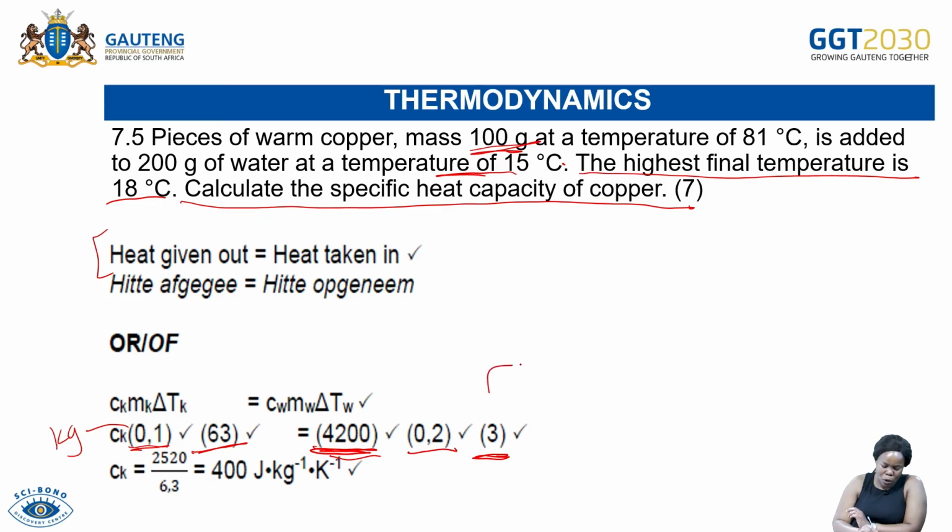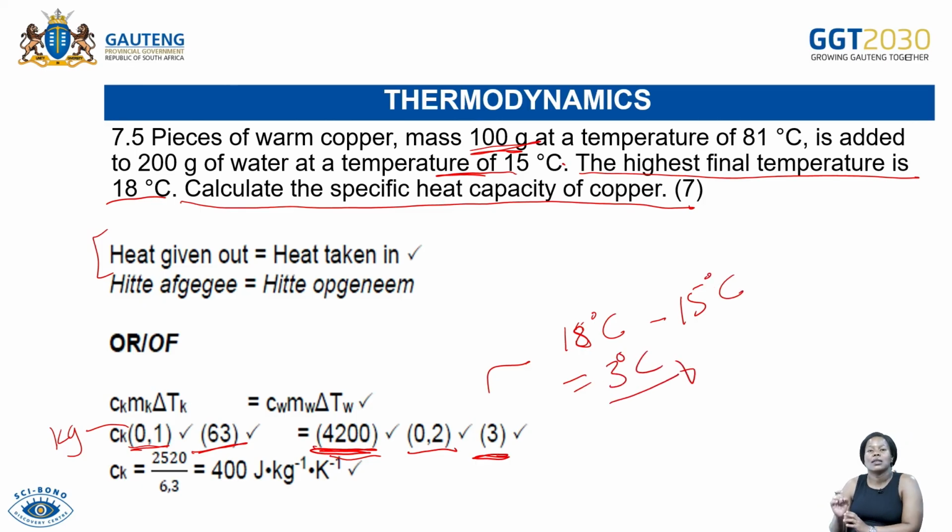That 3 comes from 18 minus 15 degrees Celsius, which gave us 3 degrees Celsius. After substituting the 3 degrees Celsius, we do our math and we get 400 joule per kilogram Kelvin, which is the specific heat capacity for copper.